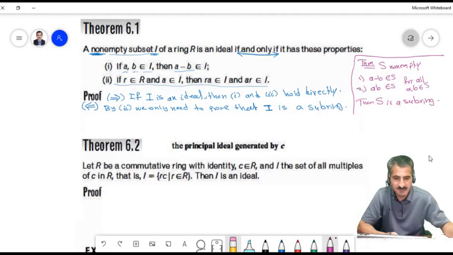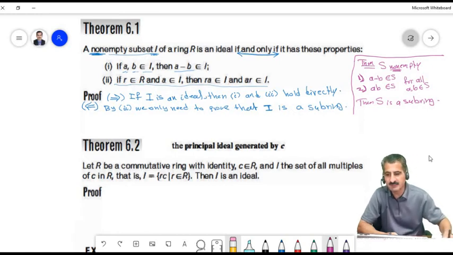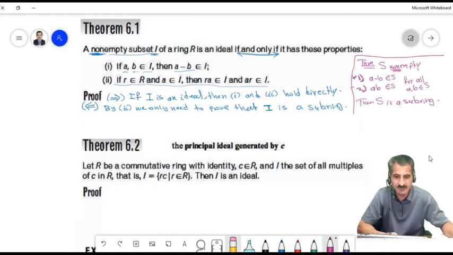Remember, the definition of subring needed four axioms. But later in a theorem, we showed that these four axioms can be reduced to 2 axioms if we know that S is non-empty. So the set in here is non-empty, so we only need to show these 2 axioms here, right? 1 and 2.